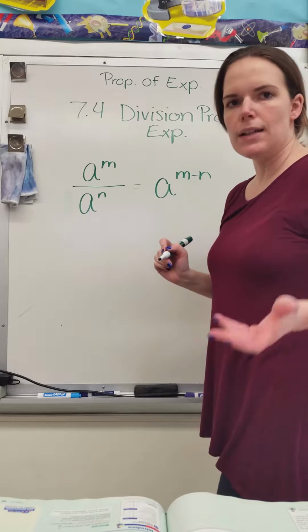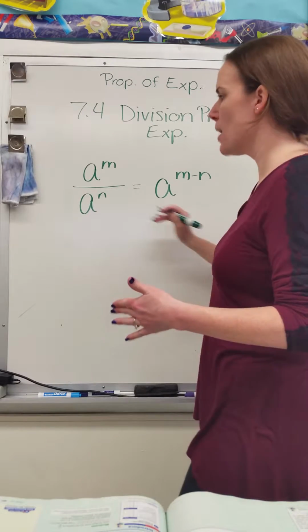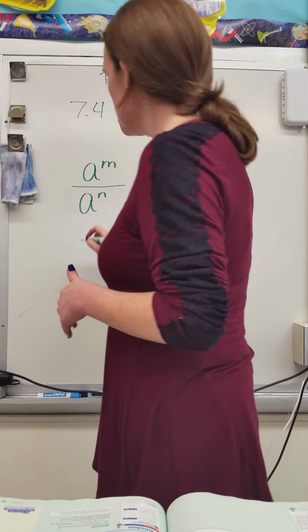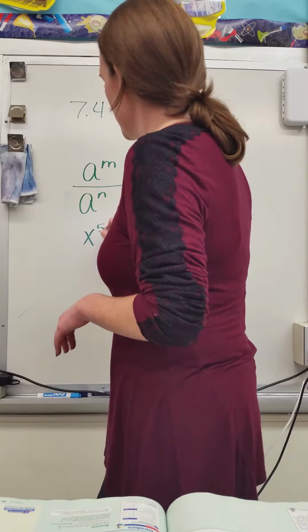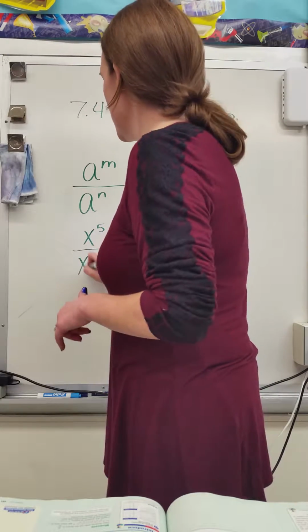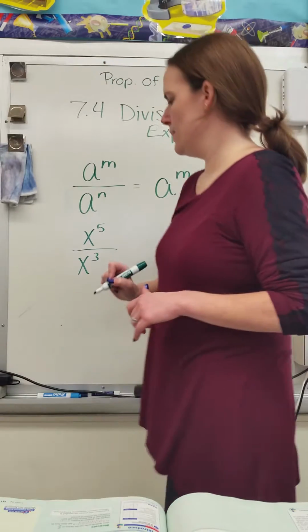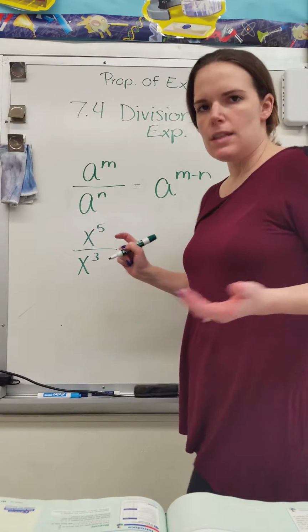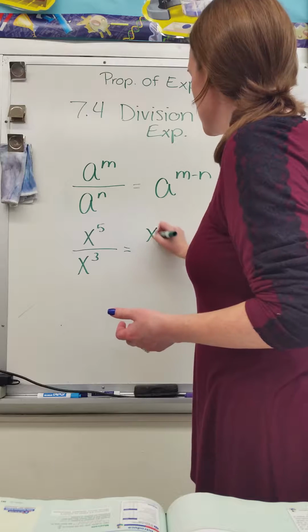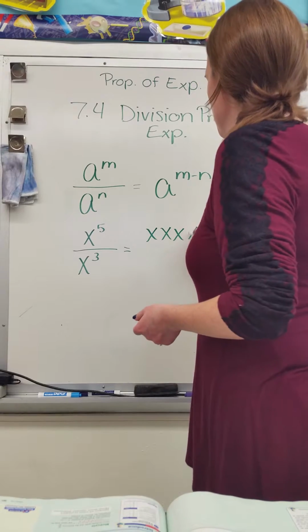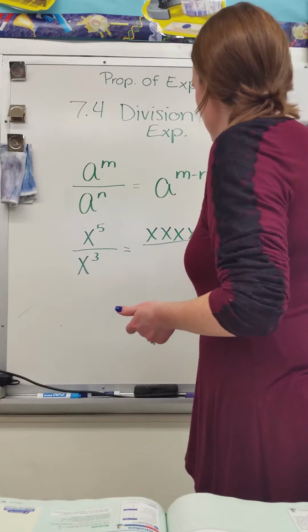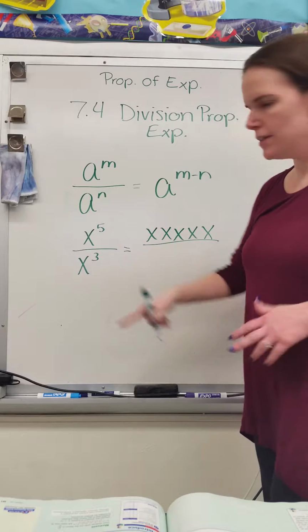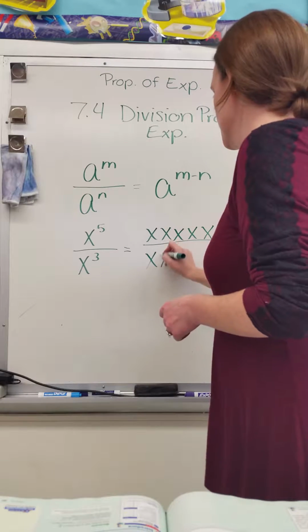And so here's what that looks like from where this property comes from. Say you have x to the 5th, and you're going to divide that by x to the 3rd. X to the 5th is 5 x's. X to the 3rd, 3 x's.